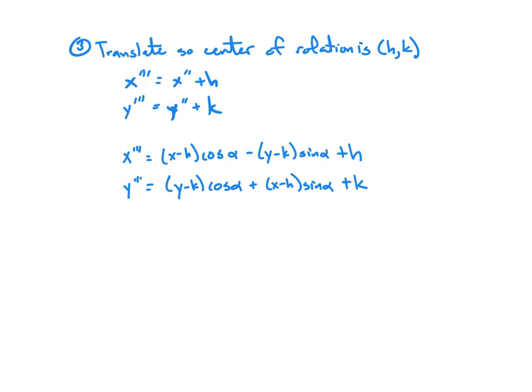By the way, usually we write this as (x minus h) sine alpha plus (y minus k) cosine alpha, which is not what I did earlier, but it should work.